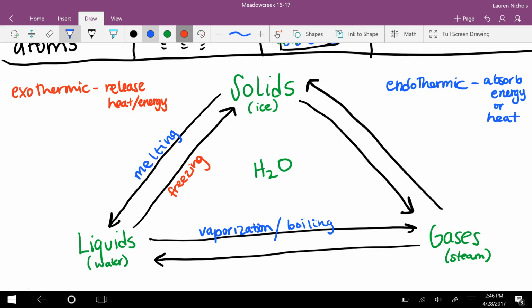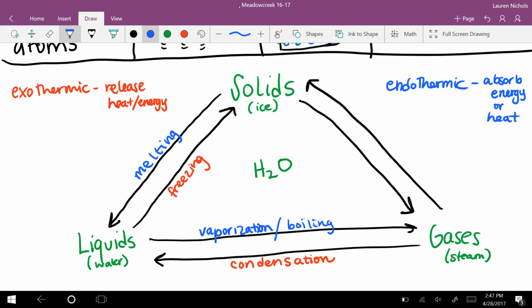That is an endothermic reaction. The opposite of that would be condensation. You can see this oftentimes on the edge of your glasses. If you have a cold glass of sweet tea, you'll find water on the outside, and it's not because your cup has a leak, it's because the water in the air around it has been cold enough to go from the gas to the liquid phase.